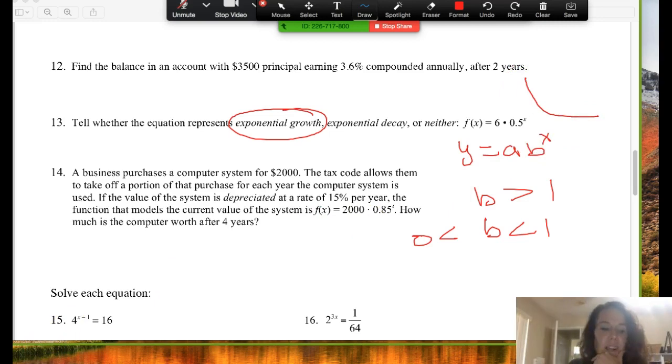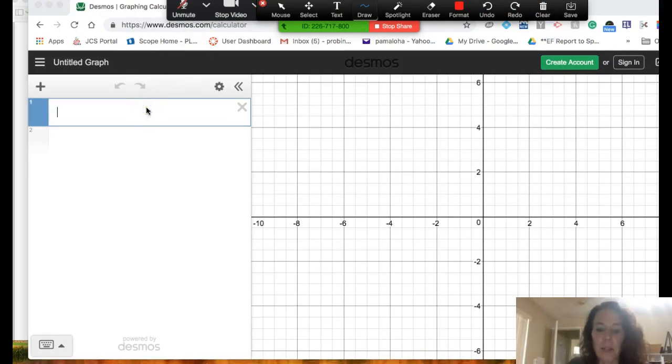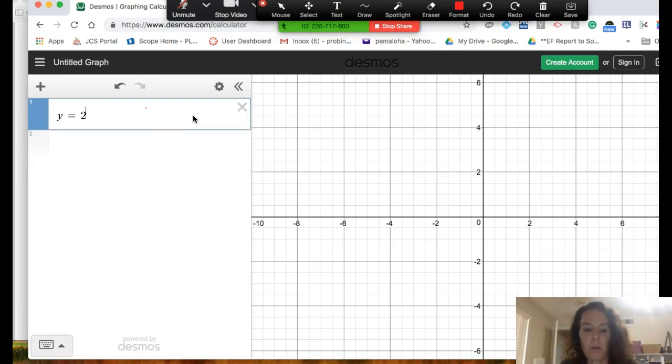Okay. If you look at that on Desmos, look at this. Just to emphasize this, let's type in y equals 2 to the x power.